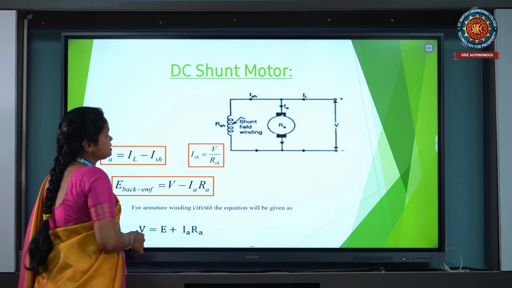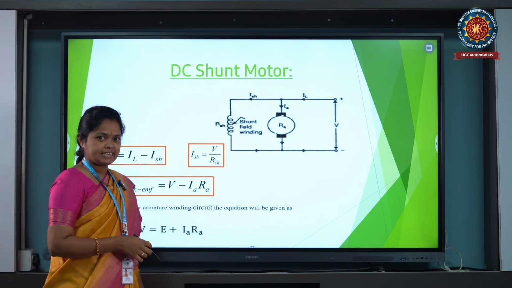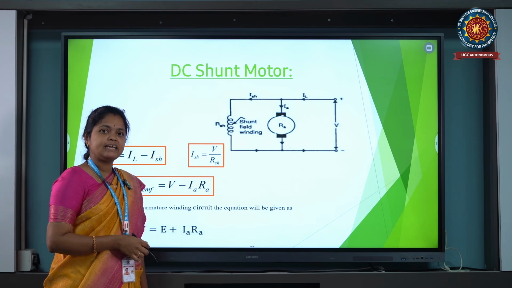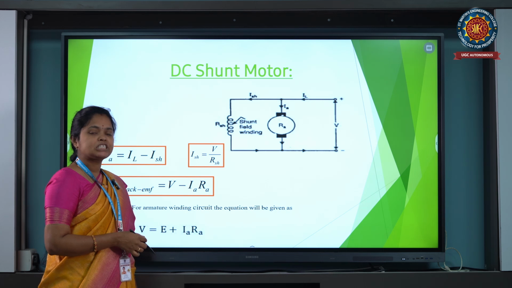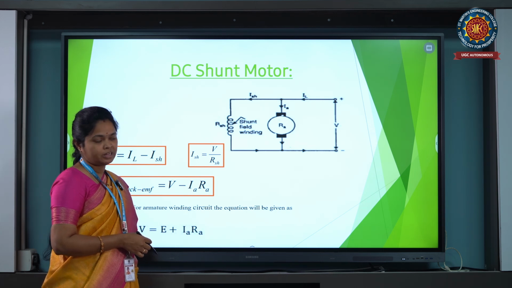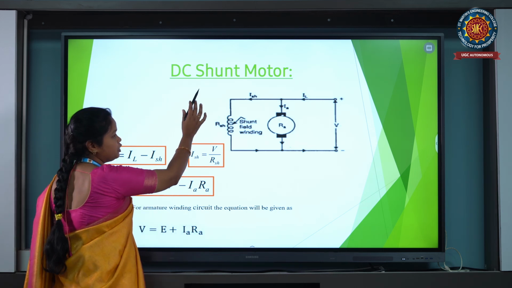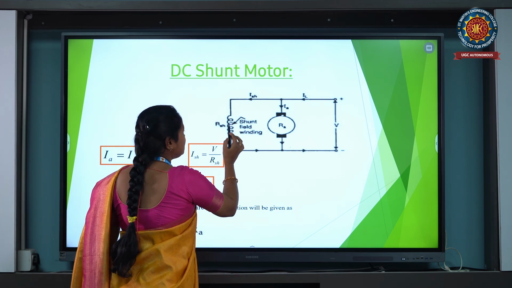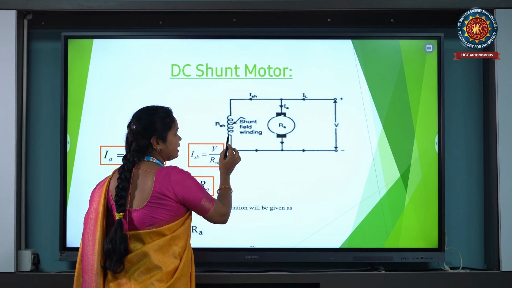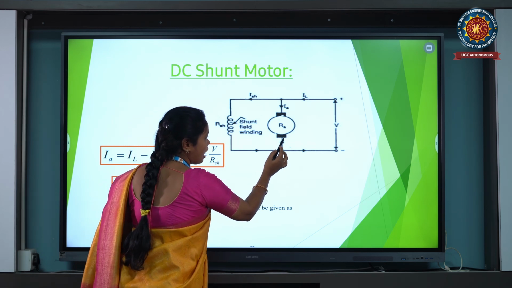The next topic is the self excited machine. In the self excited machine we have three types: series motor, shunt motor, and compound motor. The first one is the shunt motor. It is called a shunt motor because the field winding is connected in parallel to the armature.